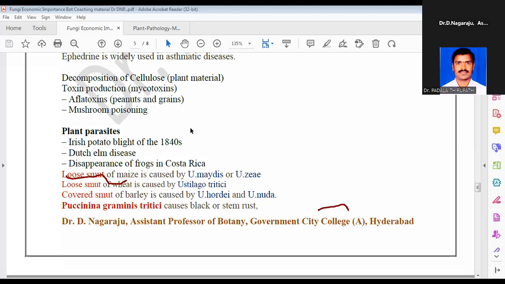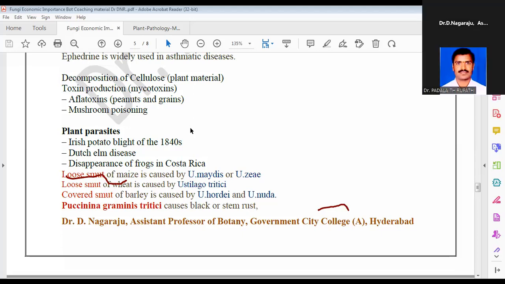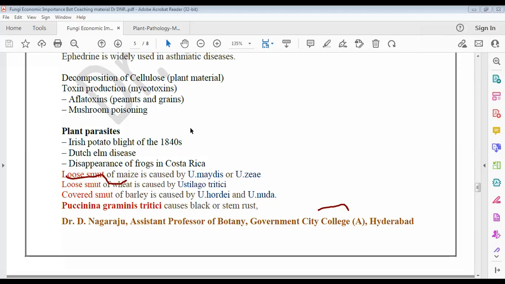The total Dutch countries starved. One of the great famines is the Ireland famine in 1845-46, caused by Phytophthora infestans. Late blight of potato is caused by Phytophthora infestans. You should remember it.